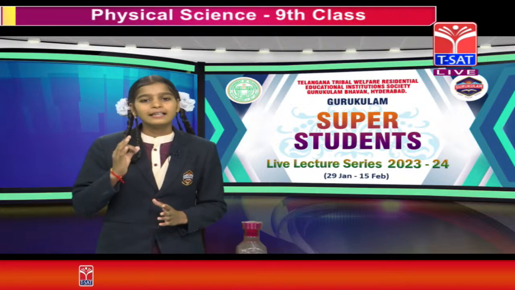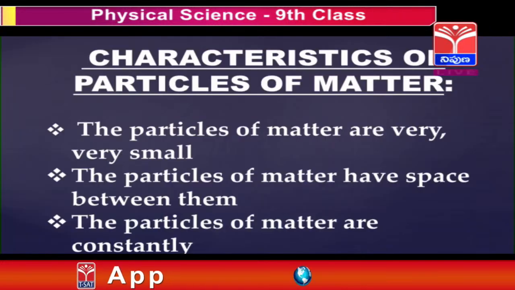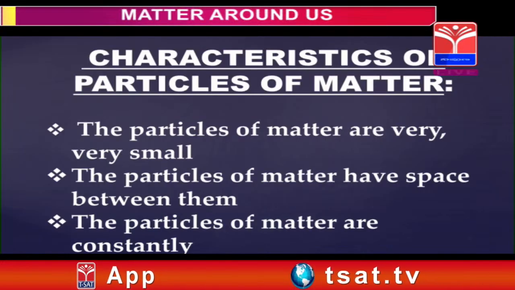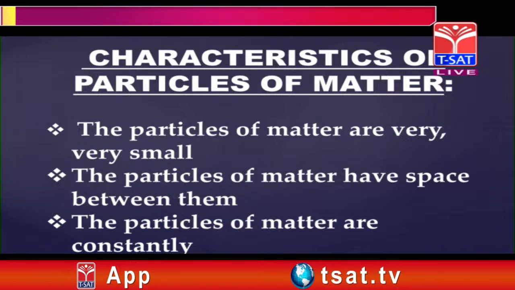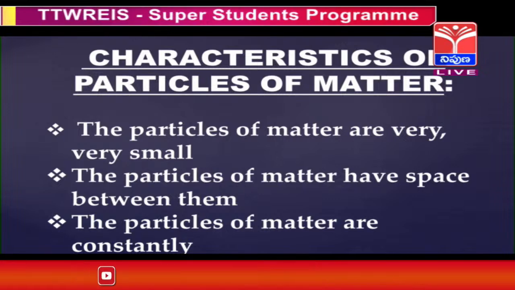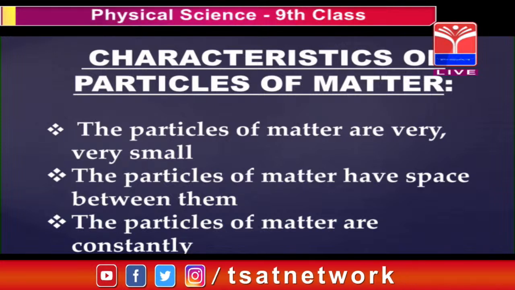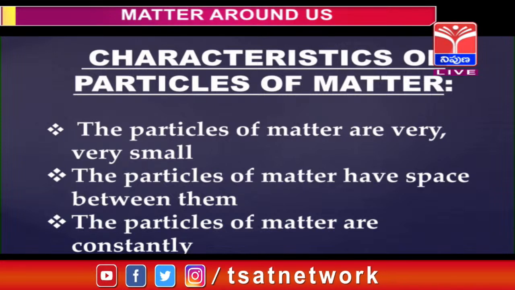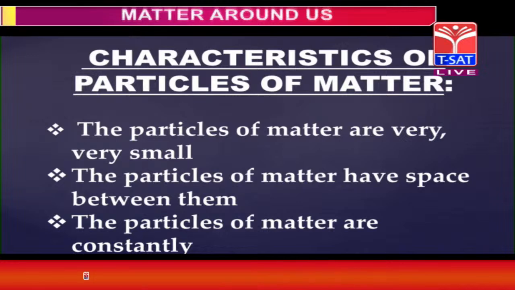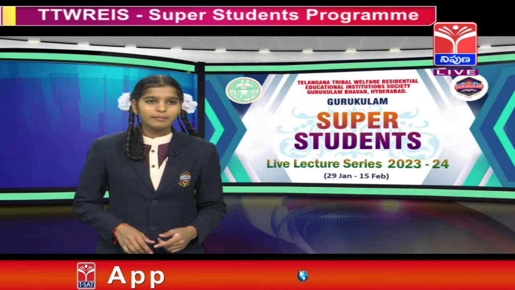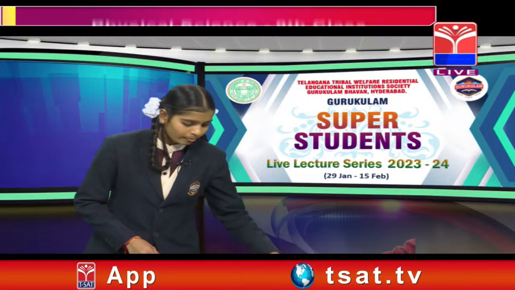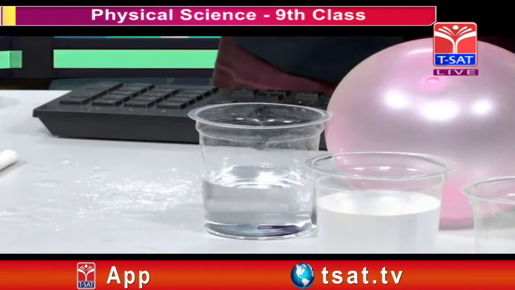Okay, now the third characteristic is that the particles of matter are moving continuously. Here I am taking one glass and I am pouring some water in the glass. I am adding some potassium permanganate crystals into the glass of water.